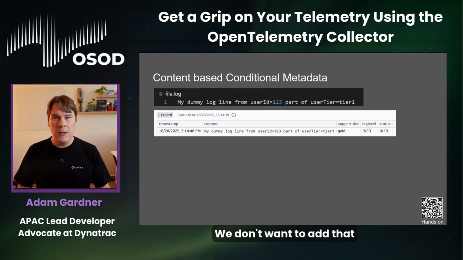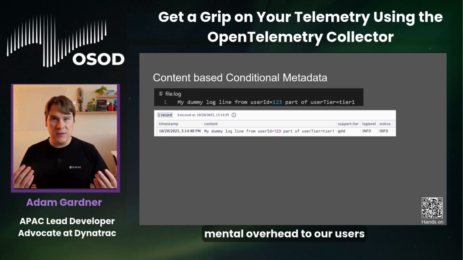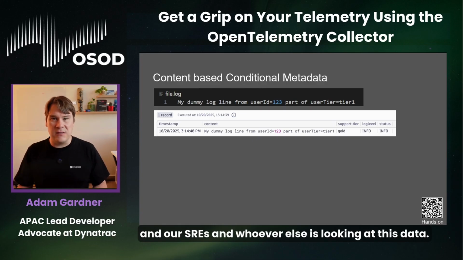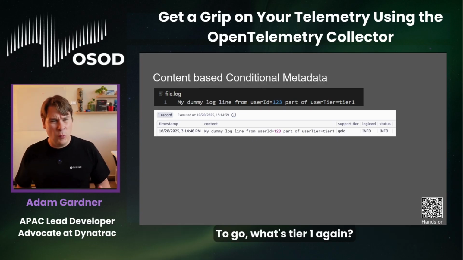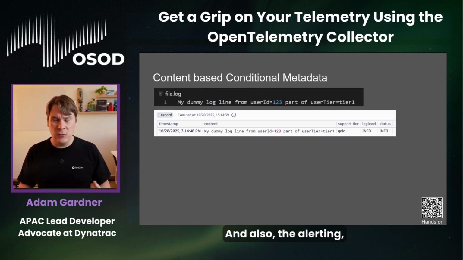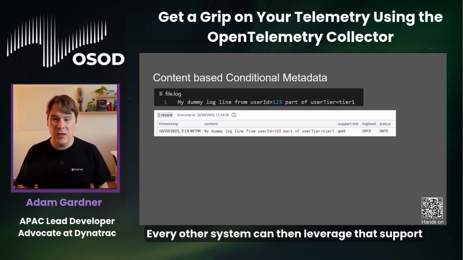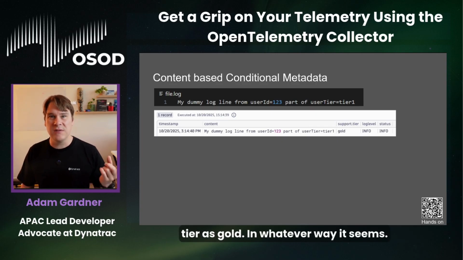We don't want to add that mental overhead to our users and our SREs and whoever else is looking at this data to go, what's tier 1 again? I can't quite remember. Was that bronze or was that gold? Which way around was it? And also the alerting, the workflows, the auto remediation, every other system can then leverage that support tier as gold in whatever way it sees fit.